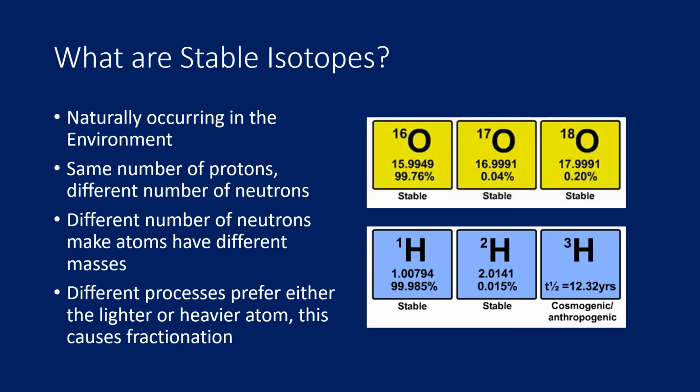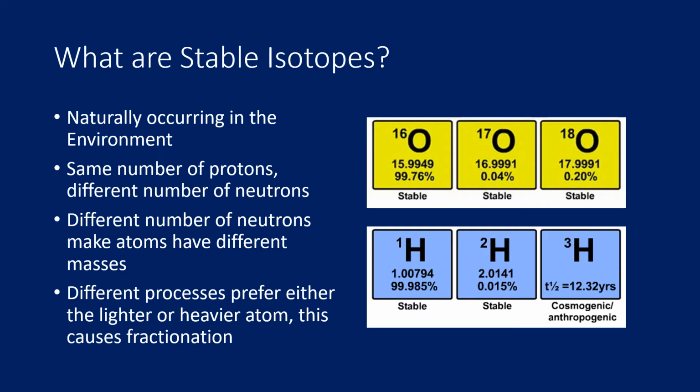For hydrogen, the majority of the hydrogens are 1 proton and 0 neutrons, but there's some stable hydrogen isotopes called deuterium that have 1 proton and 1 neutron. Tritium is a radioactive isotope, so we won't worry about that right now.